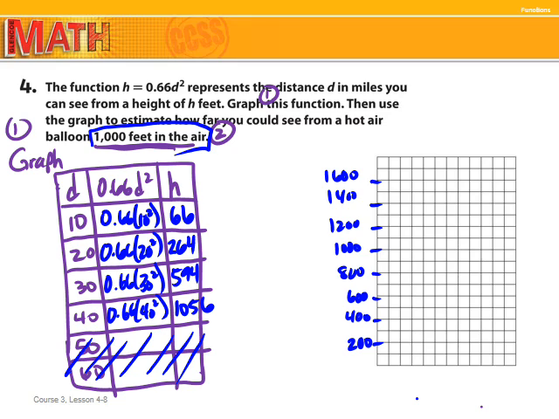I don't need to go any further than that. So we'll go 10, 20, 30, 40.